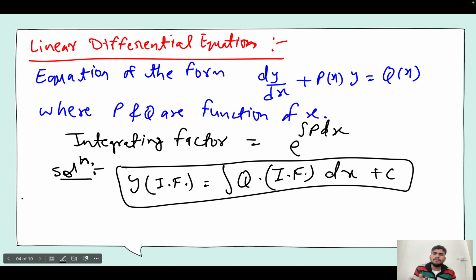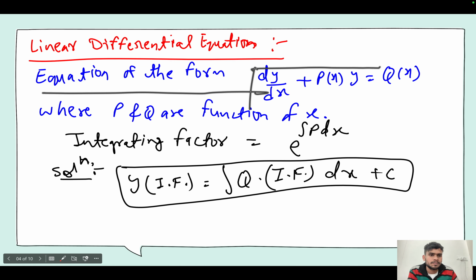The definition of a linear differential equation is given by an equation of the form dy/dx + P(x)y = Q(x).